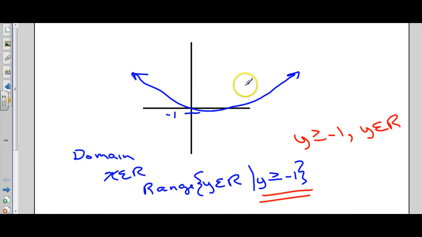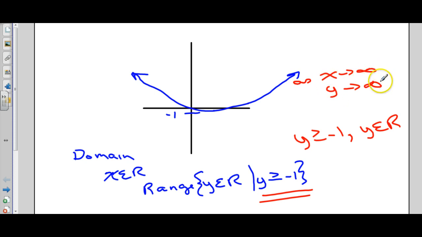So again, if I'm looking at this, understanding that this graph is now going to continue out this way, what's happening is on this end of the graph, as x, and this is the way we'll note it, as x goes out towards infinity, so as x gets bigger and bigger and bigger, the y value is actually going up and up and up and up, and so it's going to infinity as well. And so this is how we describe the end behavior.